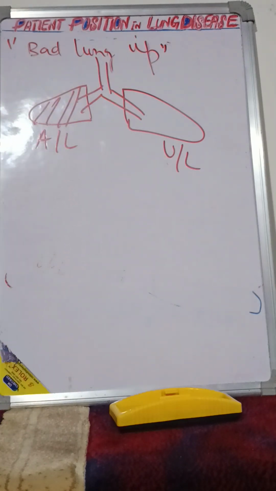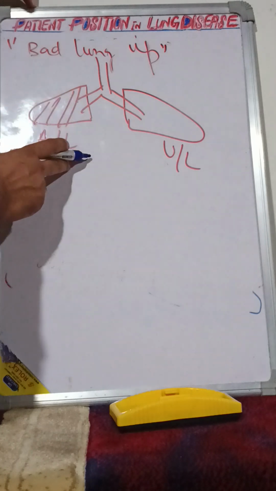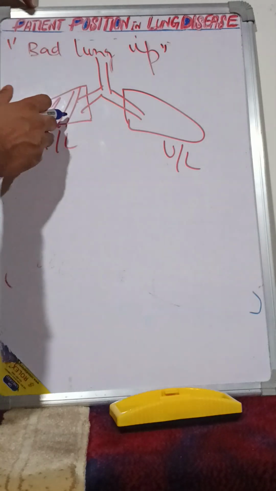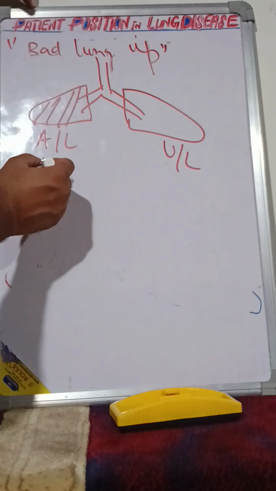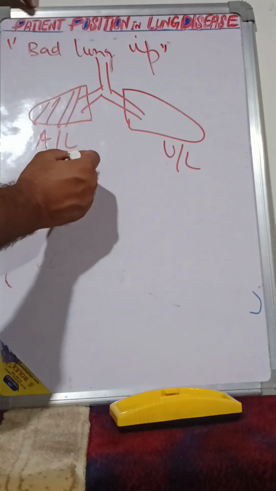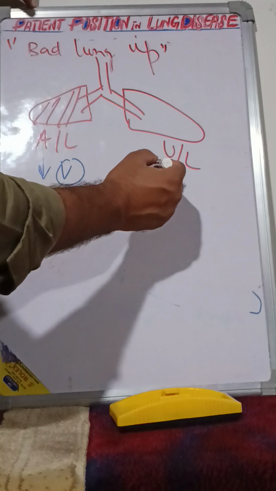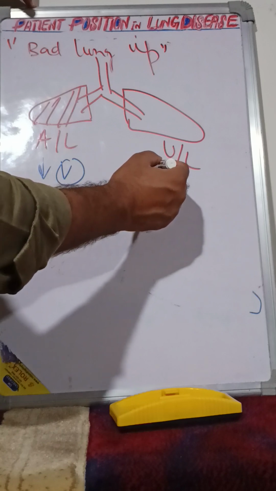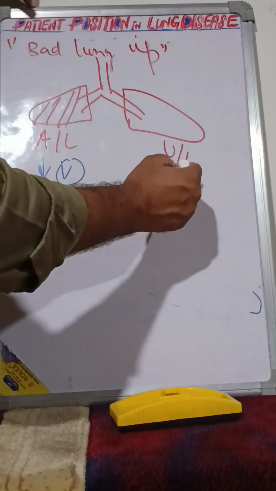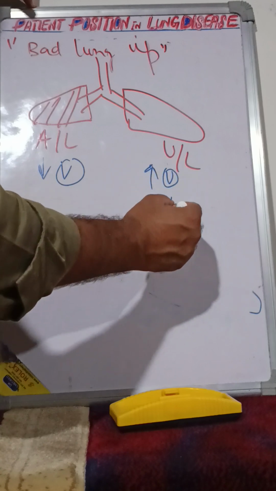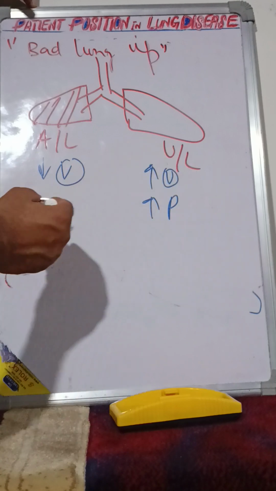Now, since this is the affected lung, it will have more dead space and decreased ventilation. Since this is the normal lung, it will have normal or good ventilation. Perfusion is increased on this side, and ventilation is increased.